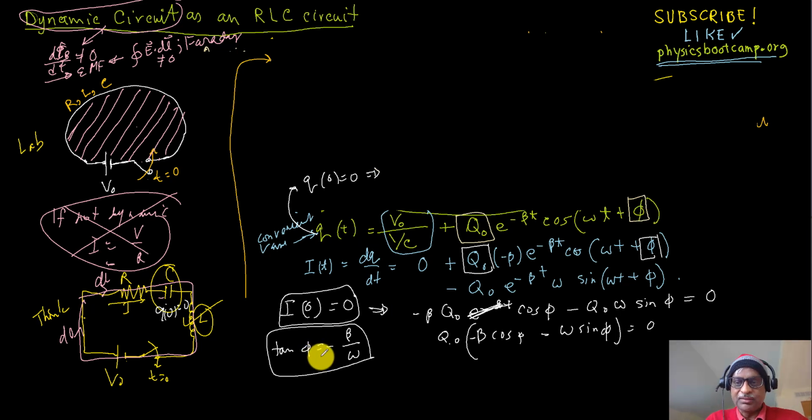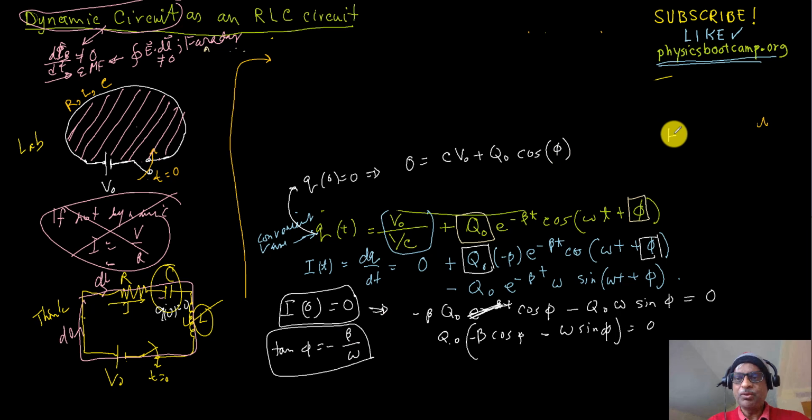So we get 0 equals CV0 plus q0, and the exponential becomes 1, and they have a cosine of phi. So tangent phi is that, right?